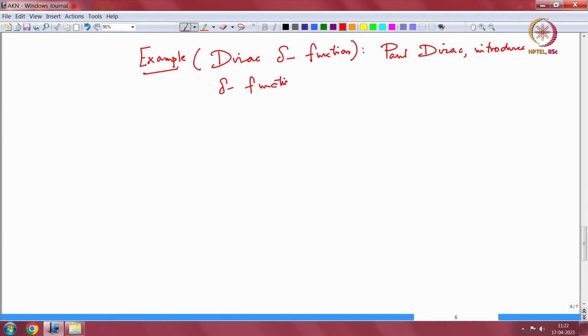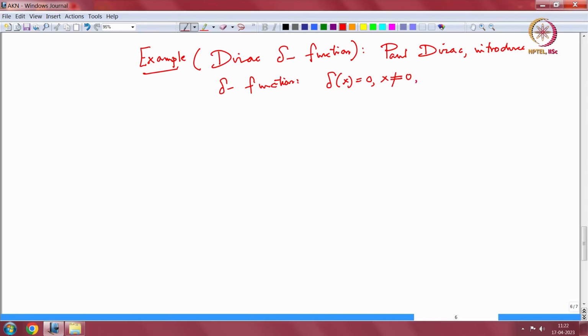He wanted two things. He wanted delta of x equal to 0 for all x not equal to 0. This is what most of the books even now write, but you have to take it carefully.